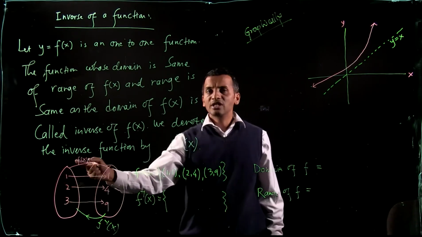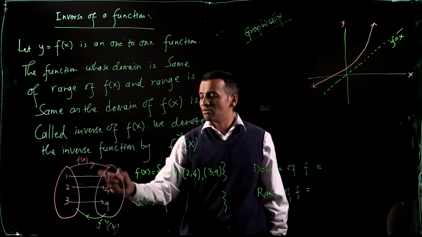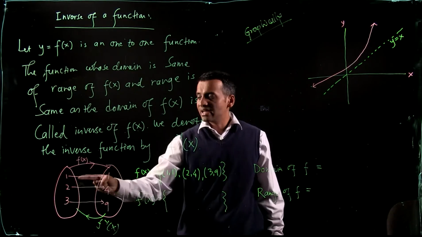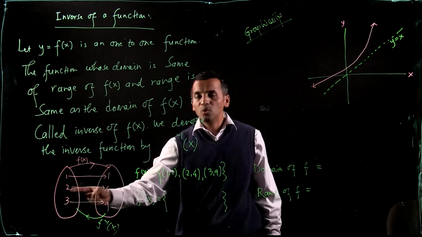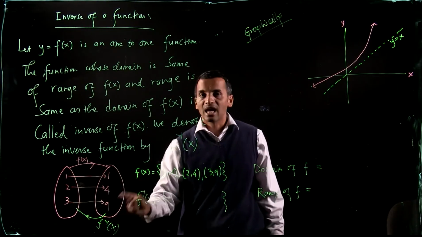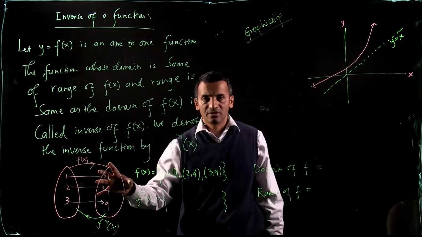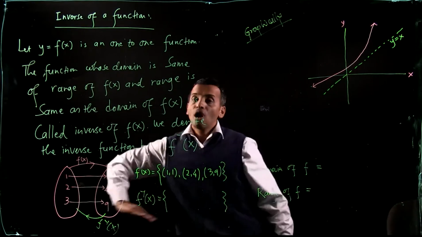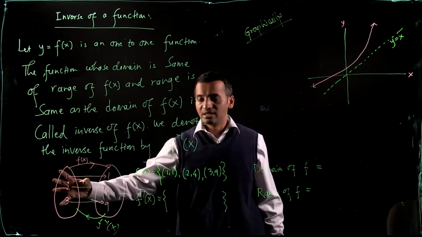So here the function f of x has the domain 1, 2 and 3 and the range 1, 4 and 9. So how does that look? f at 1 is 1, f at 2 is 4, f at 3 is 9. So this is the domain for f of x, this is the range for f of x. Now you define the function the other way, taking this as the domain and this as the range.